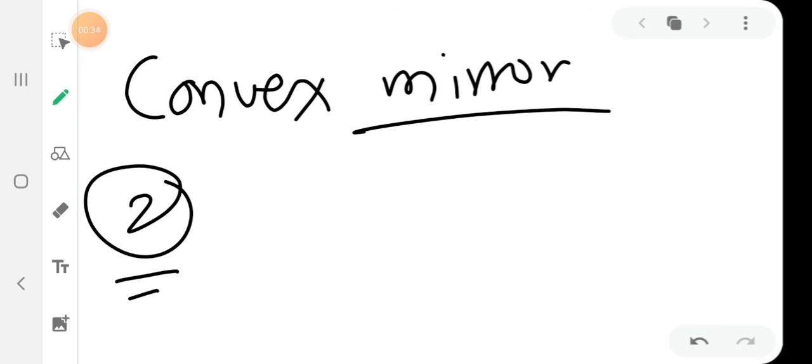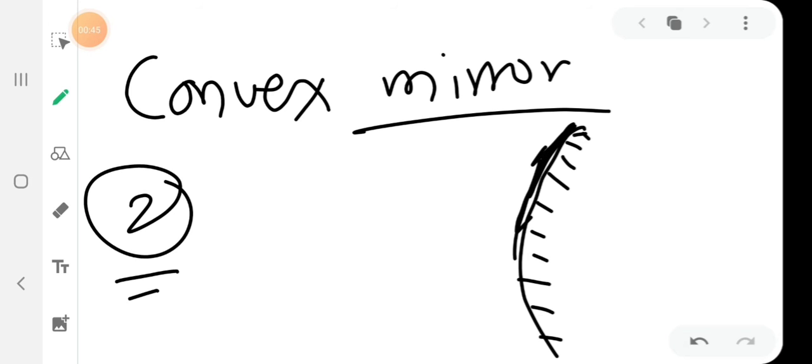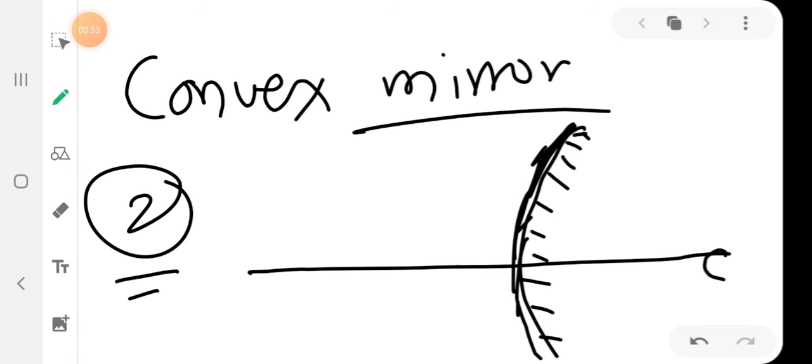We should know how a convex mirror works. Suppose this is a convex mirror; the internal surface over here is the coated one, it is non-reflecting, and the outer surface is the reflecting surface. There is a center of curvature C, a line which passes through the center of curvature and joins the pole, that is the principal axis, and somewhere there we can find the focus in between the pole and the center of curvature.